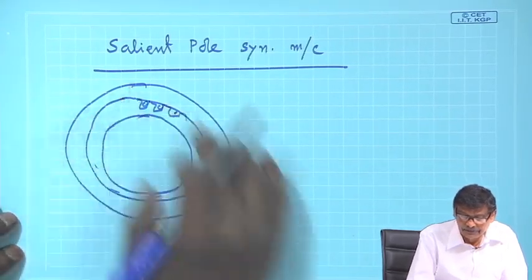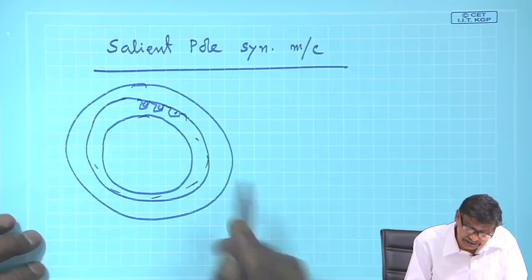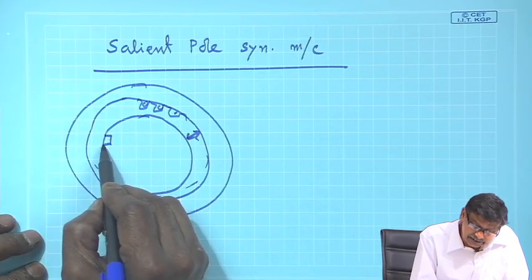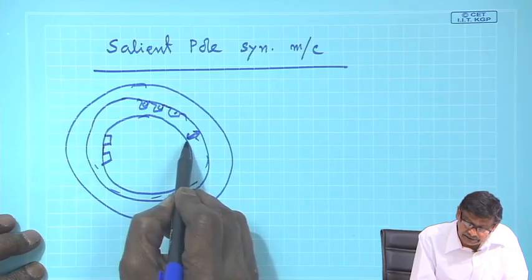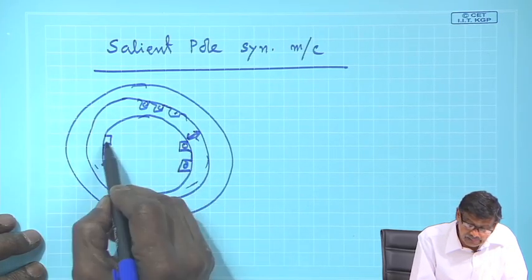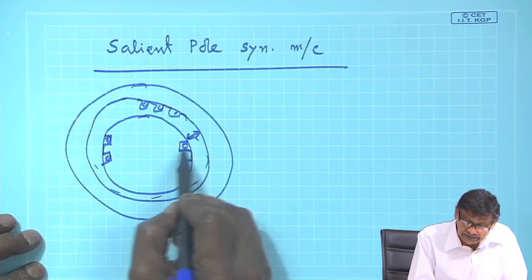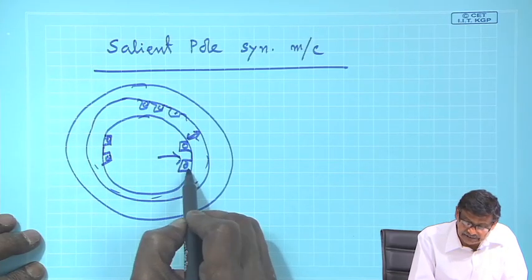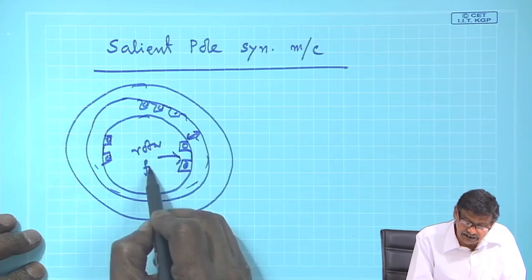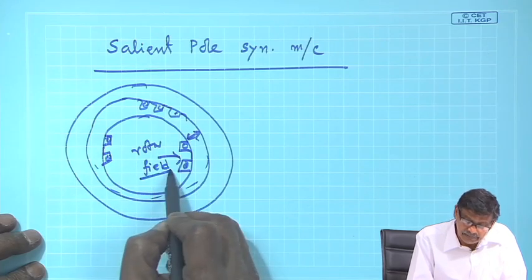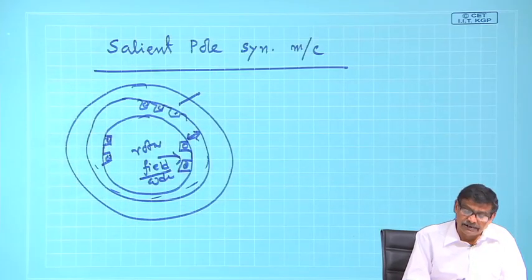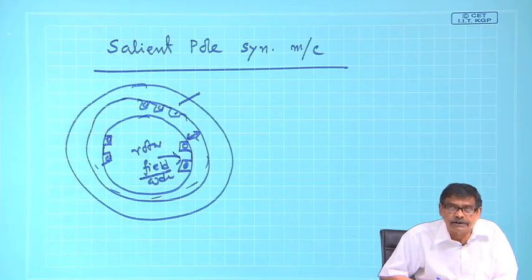Please forgive me for this somewhat bad diagram. The air gap is uniform. The field winding is on the rotor, carrying DC field current. This is the rotor which houses the field winding, and the stator houses a balanced 3 phase winding, and the machine operates.